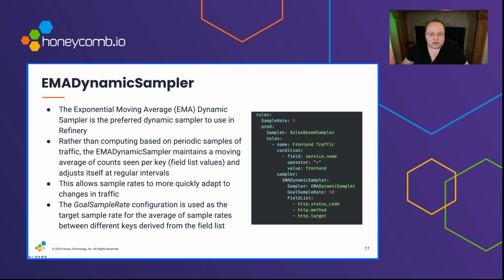This is useful if your traffic is a little bit more volatile. The EMADynamicSampler is going to react more quickly and change sample rates for the different keys based on the changes of traffic. It's going to work out a little bit better.